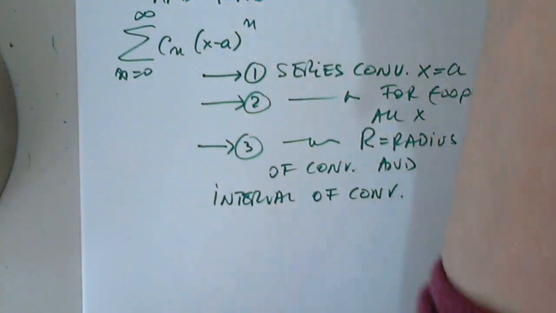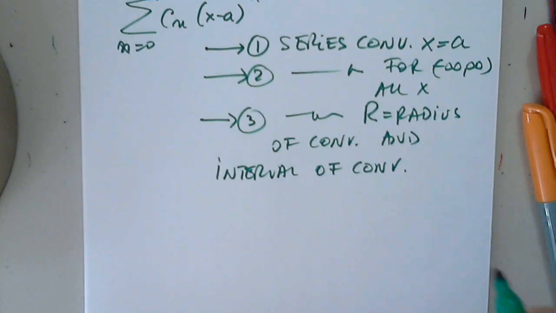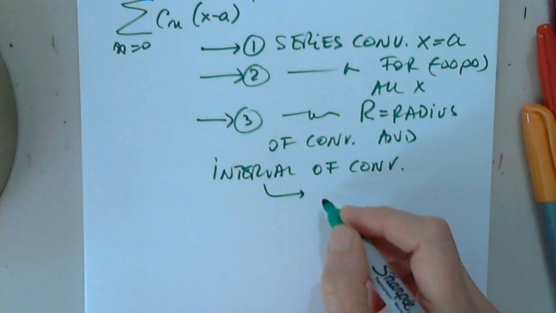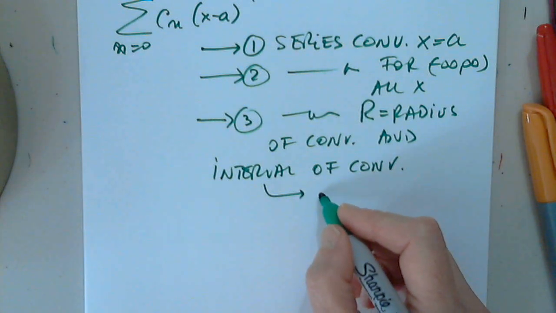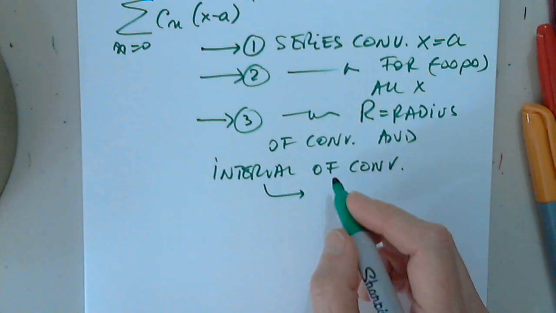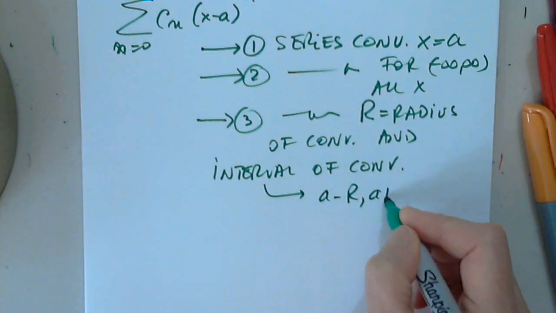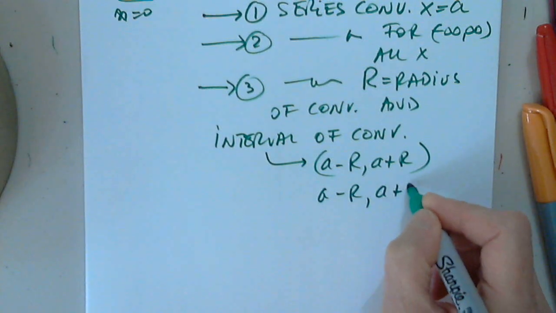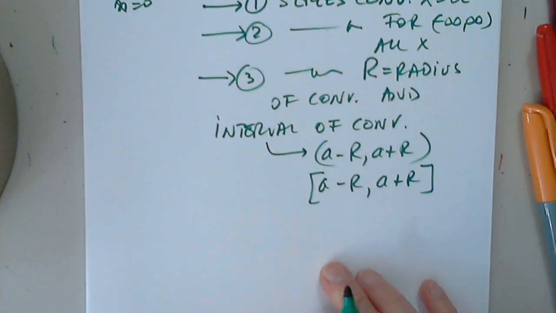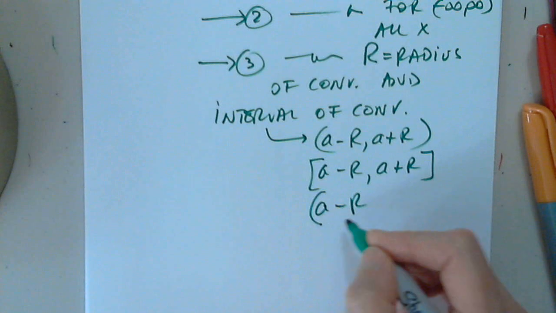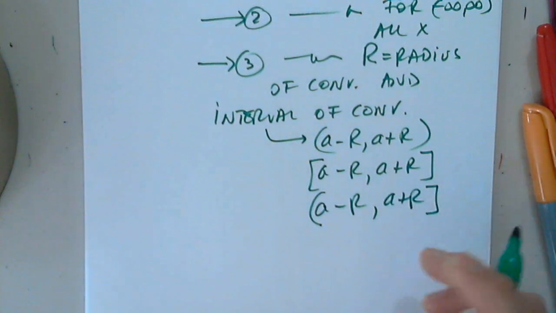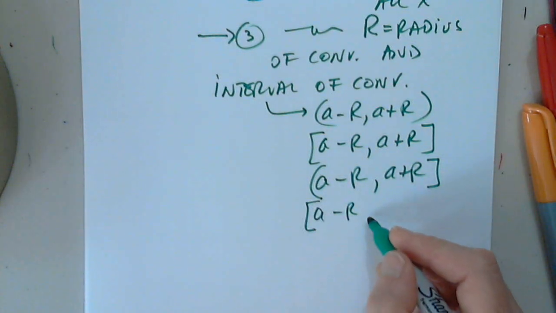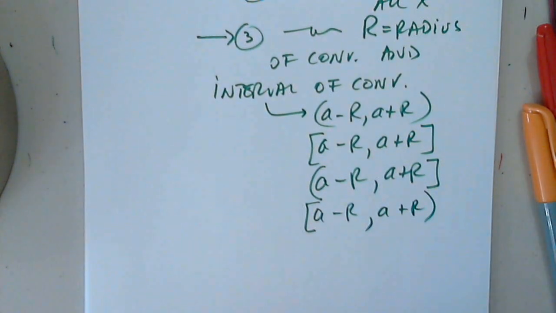How does the interval of convergence look? There are 4 different possibilities. They are: between a minus r and a plus r, both open; a minus r and a plus r, both closed; a minus r open on the left and closed on the right; and finally, a minus r closed on the left and open on the right.